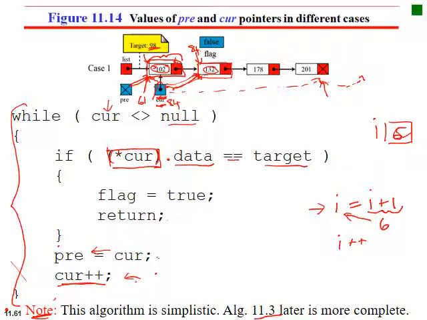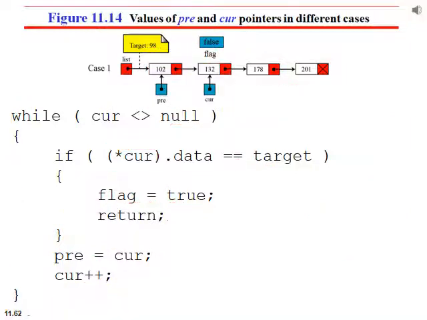In this particular case, the if part never executed. So in other words, it never got the opportunity to set flag as true. So flag remains false. That's our indicator that target of 98 wasn't found. Let's look at the next instance for case 2. Okay, so case 2 here.